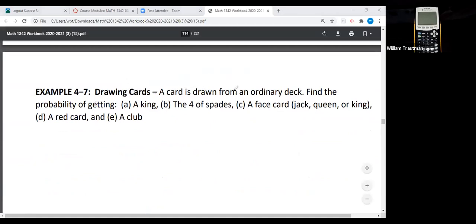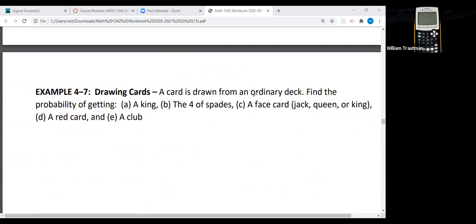Okay, a card is drawn from an ordinary deck. Once again, the probability of an event happening is the number of desired outcomes divided by the total number. That pound symbol means number.